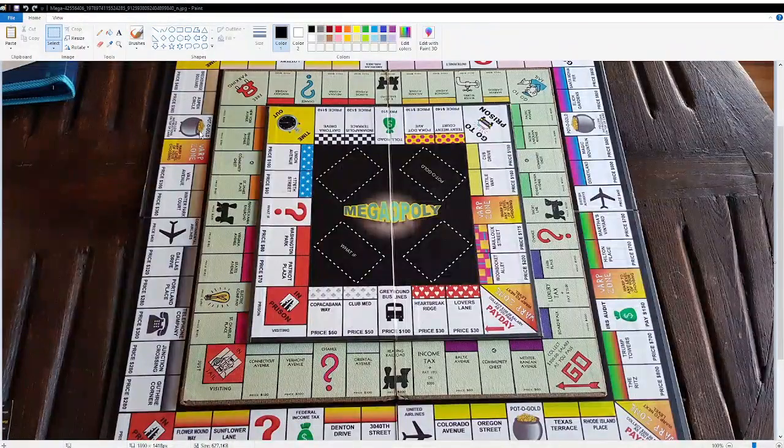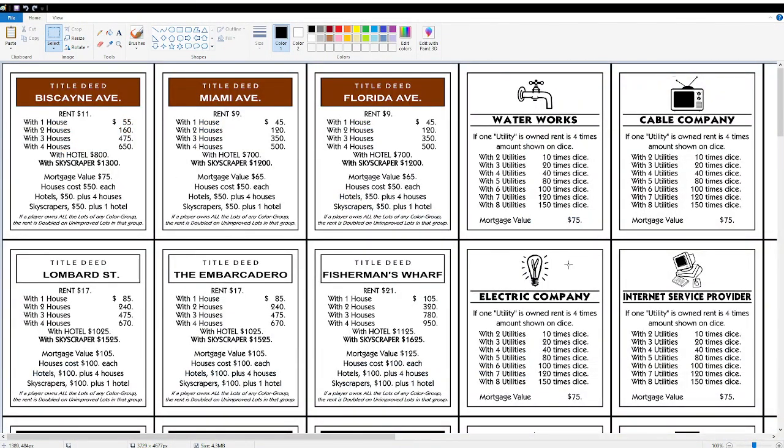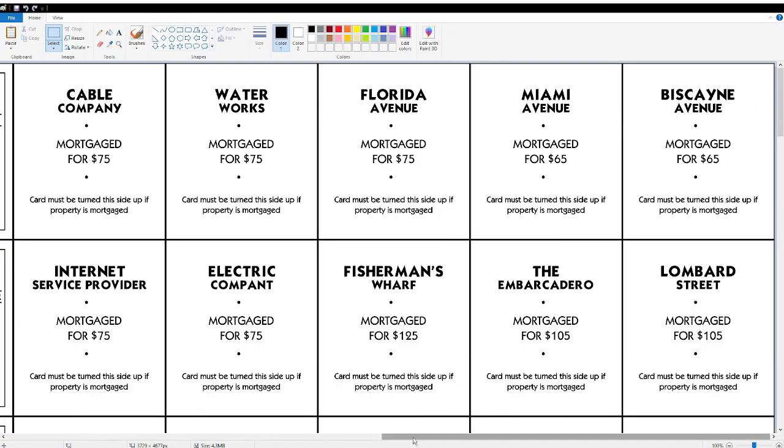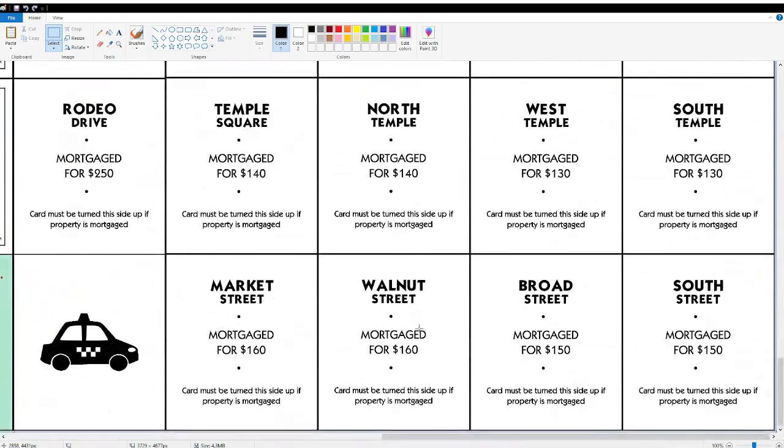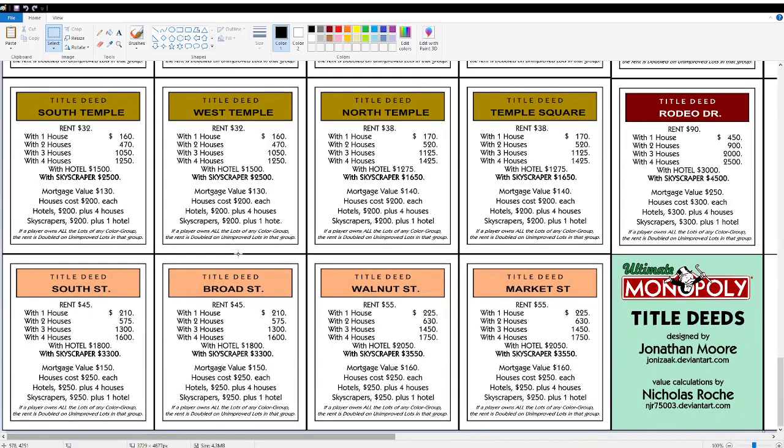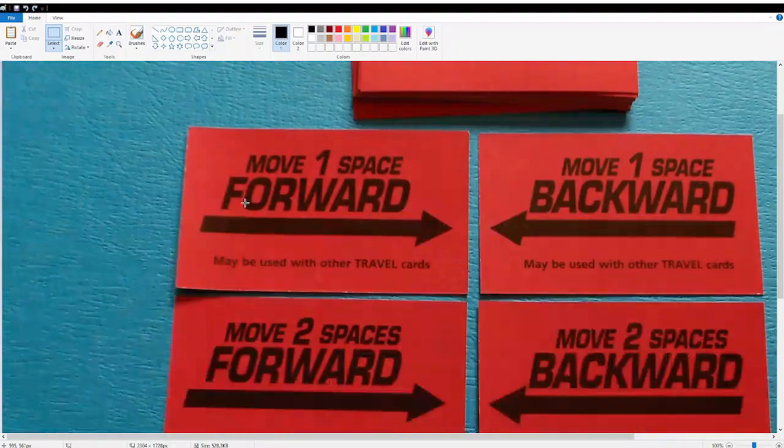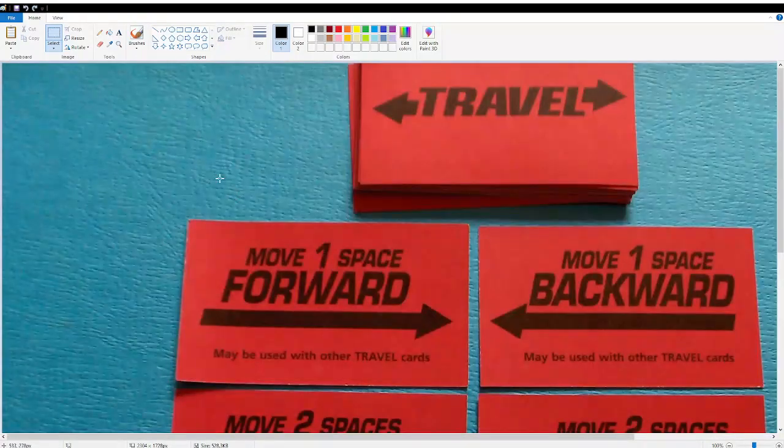Monopoly. Does this have the bus tickets on it? No, that's just the property deeds. Maybe it's filed under super. Okay, these are what the travel vouchers actually look like.